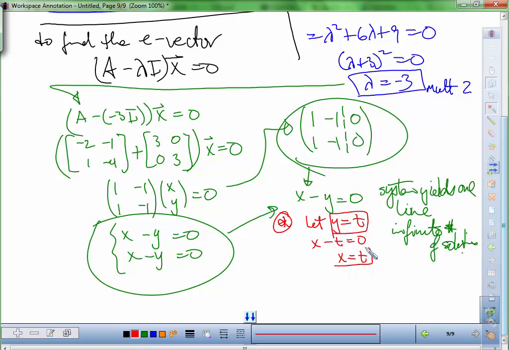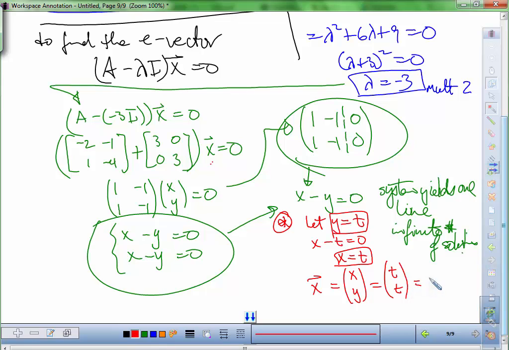And this is now the solution that you're looking for. You're looking for the vector x. And so the vector x is actually the vector xy, which is the vector t, t. Both positive? Yeah?